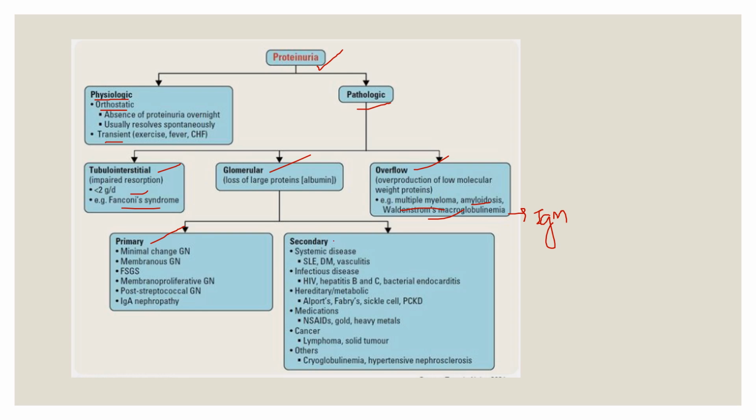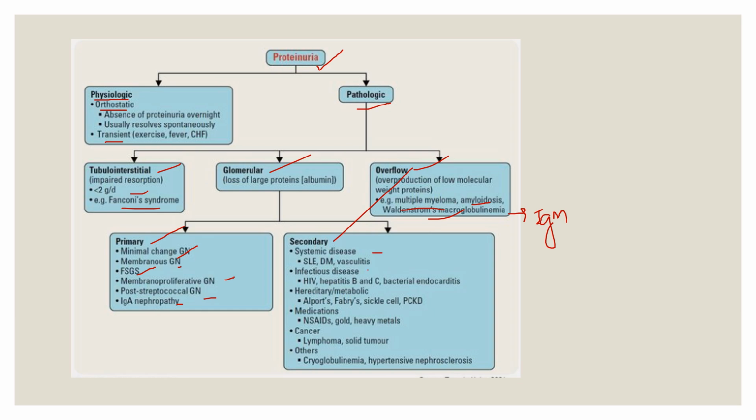It is again primary and secondary. The primary varieties are minimal change, membranous, FSGS, membranoproliferative, post-streptococcal. Why is there an overlap? Because some of the disorders are not purely nephrotic or purely nephritic. There can be overlap, like in PSGN and IgA and all, there is overlap. It is predominantly nephritic, but it can also cause proteinuria.